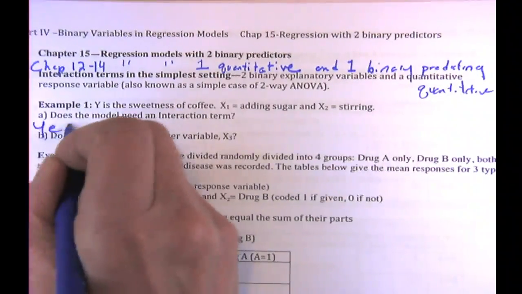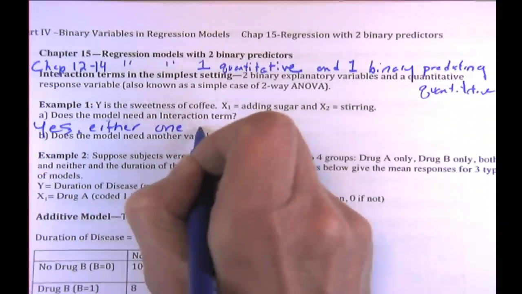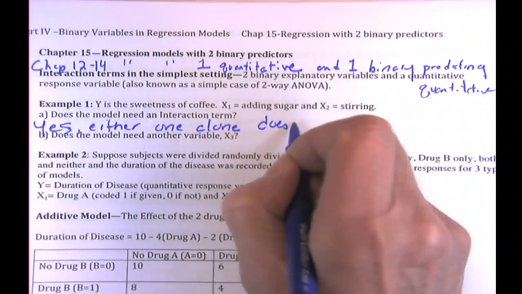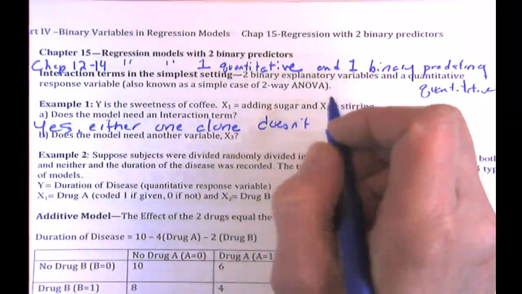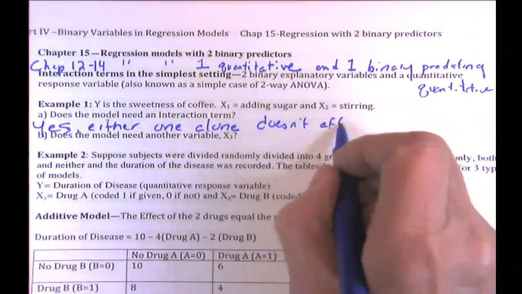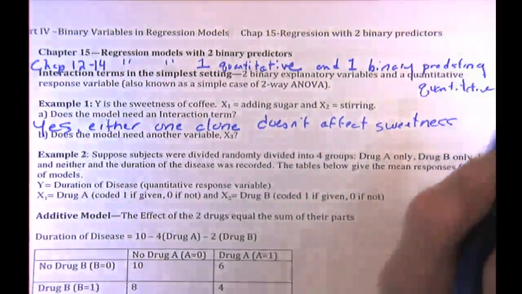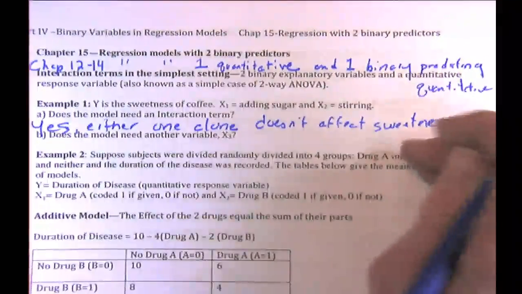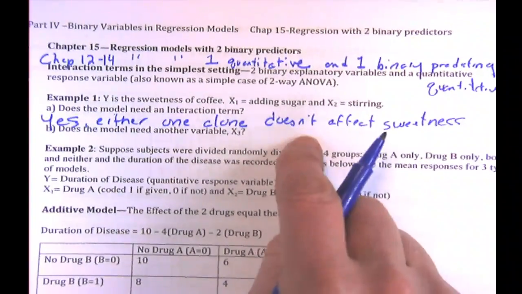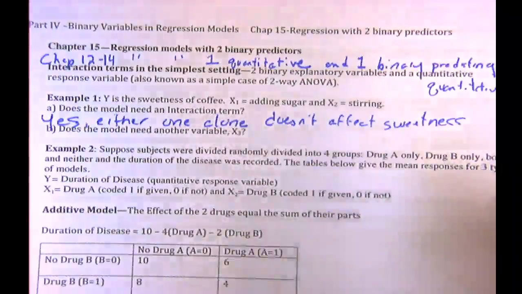So yeah, there's an interactive effect. The two of them together are more than the sum of their parts. We have to add a multiplicative term. You just can't sum the effect of sugar alone and the effect of stirring alone. They have a together effect. They're more than the sum of their parts, okay?